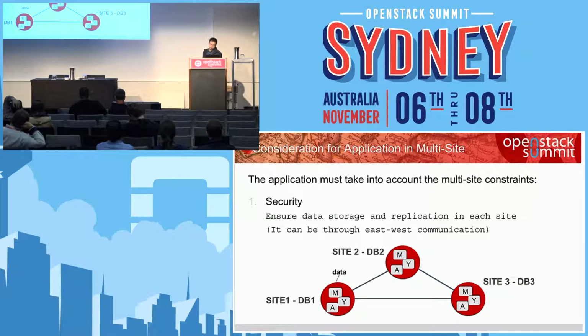For VMs, the application itself must take into account the multi-site constraint. Security. We need to ensure the data storage and replication between the Cassandra nodes must be secured. So if the data is replicated through the public network, then the security cannot be guaranteed.